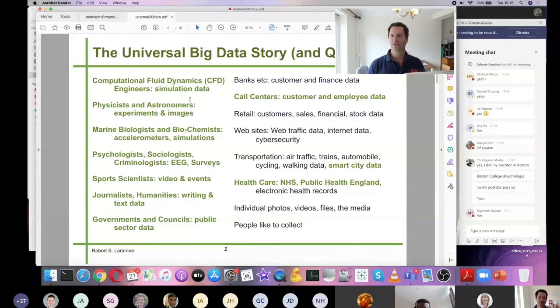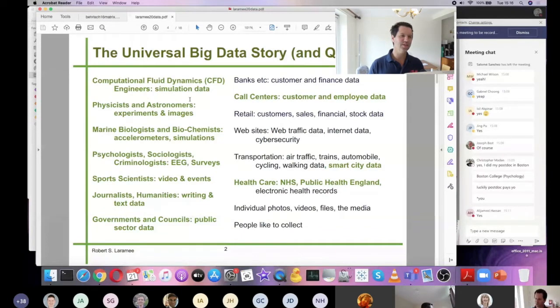If you're a physicist or an astronomer, you're collecting lots and lots of data through experiments and maybe images, like satellite images, for example. Marine biologists collect a lot of data through accelerometers or other tracking devices, sensor devices that they attach to wildlife, or biochemists running simulations like computational biology, for example. Physiologists, sociologists, and so on. These are just a few of hundreds of examples.